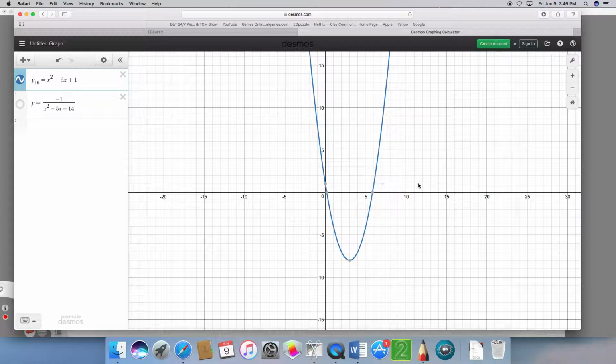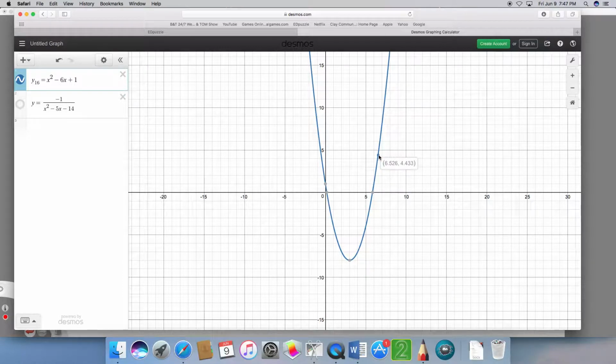So for the domain, it's the set of all real numbers. And for the range, we can see that there is no point on this graph that is below the vertex, and that y-coordinate is negative 8. All these other y-coordinates are bigger than negative 8.